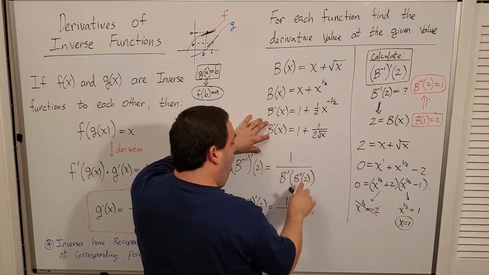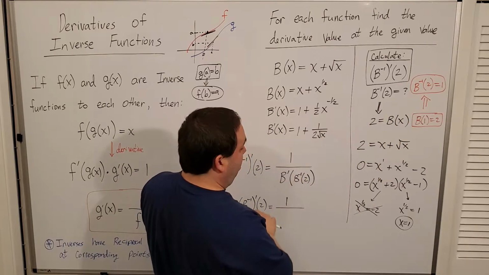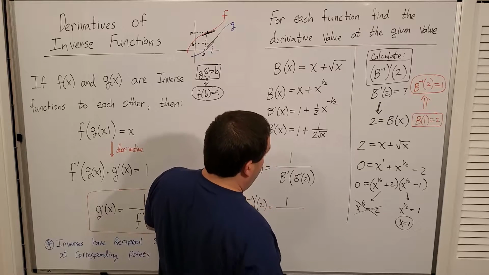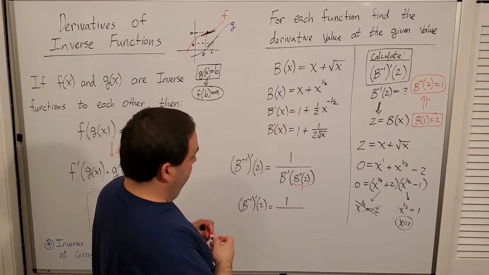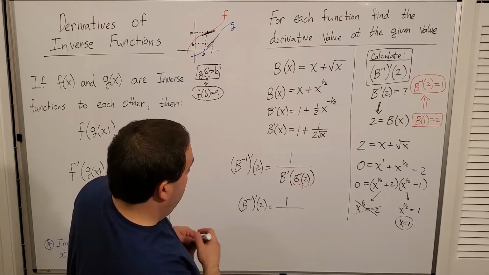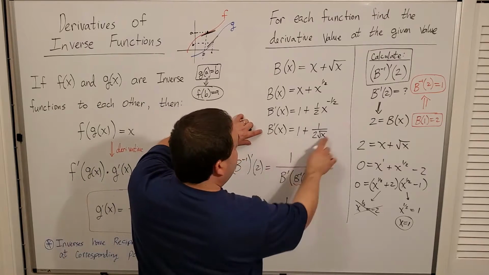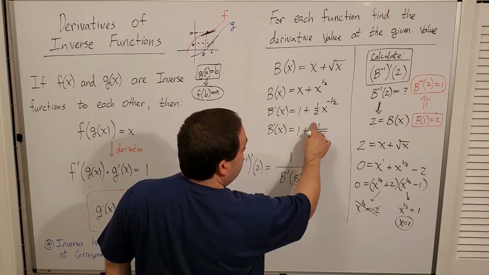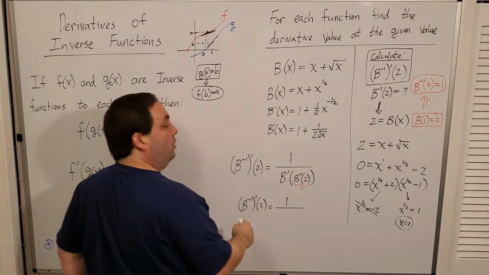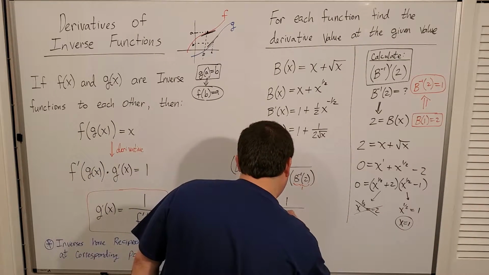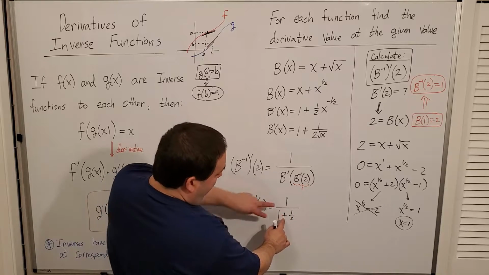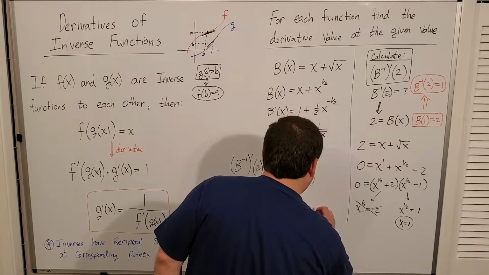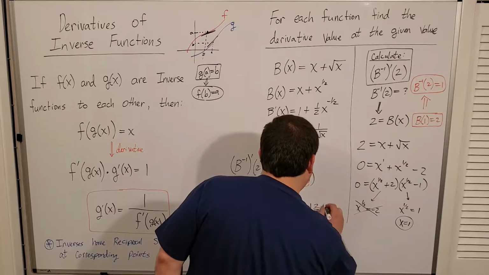If I plug 1 into this derivative, I get 1 plus 1 over 2, or in other words, 3 over 2, and it's the reciprocal. So what I'm getting is 2/3.